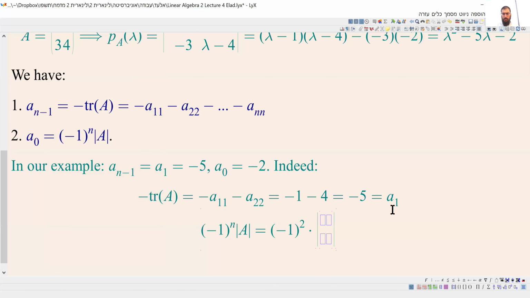Proof. We prove 2. We prove that a0 is minus 1 to the power of n times the determinant of the matrix. So we look at the characteristic polynomial where we plug in 0.